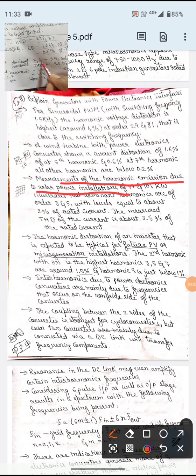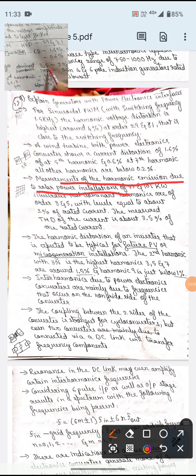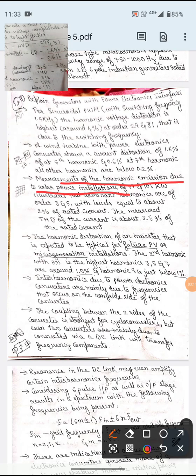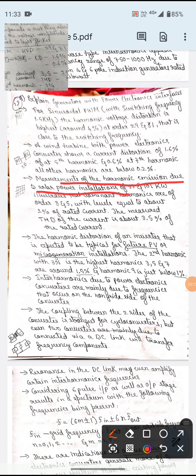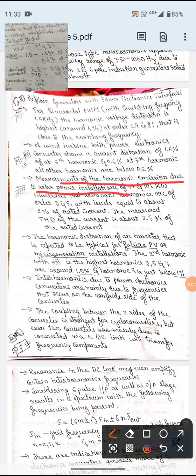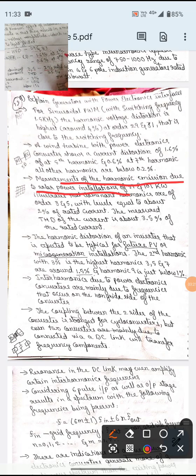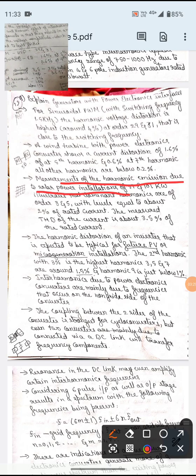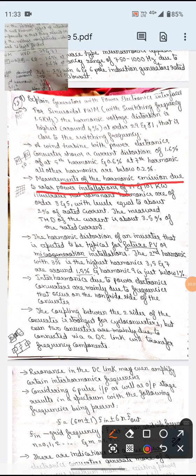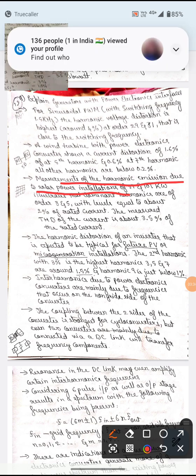The harmonics are 3 and 5. Rated current is 2%. So for the third and fifth harmonic, the rated percentage is around 2%. For the fifth harmonic, we got 1.6, right? So for the third and fifth, around 2% rated current you'll get. That is for the solar, and total harmonic distortion is 3.5%.